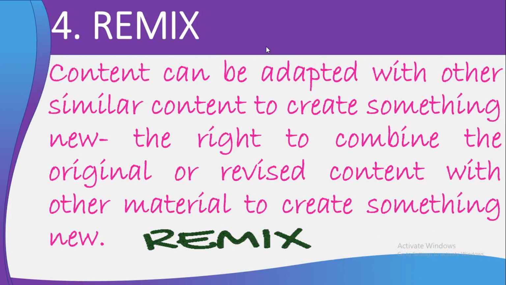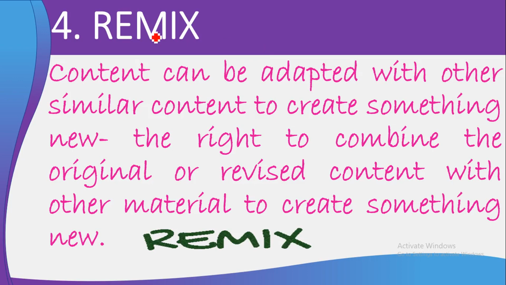It means that if I'm using a PDF file and I want to add some images to that, fine, the content is boring, the students or participants or the audiences, my people who are learning something under me, I want to give them some content which should be very engaging, then I can remix 2 or 3 things together. So the content can be adapted with other similar content to create something new, that is the right to combine the original or revised content with other material to create something new.